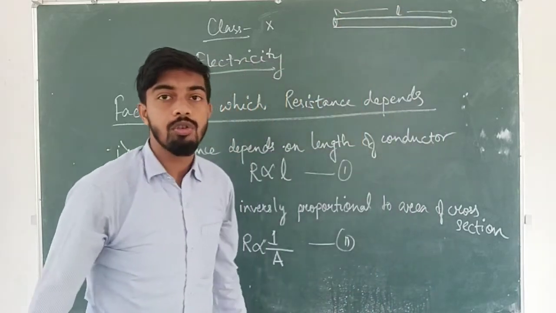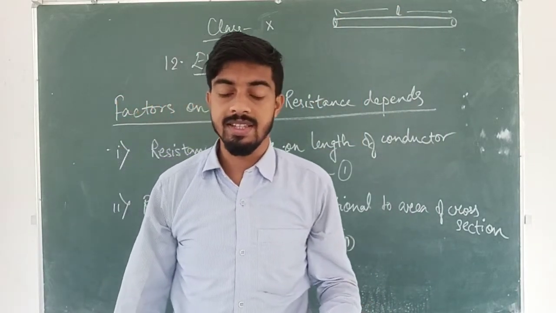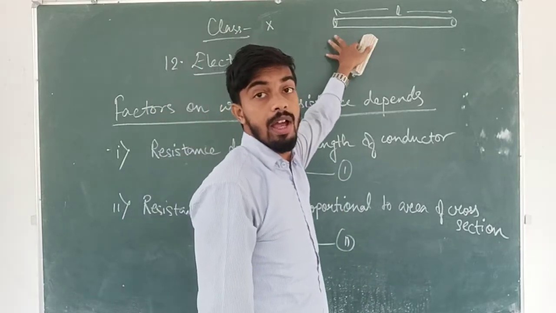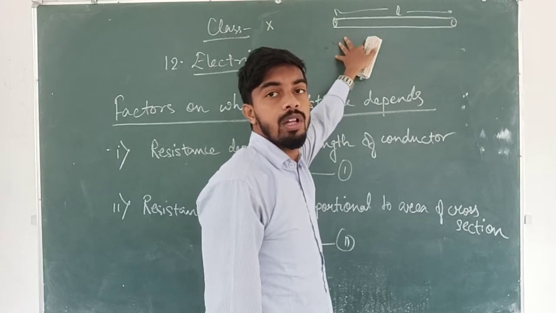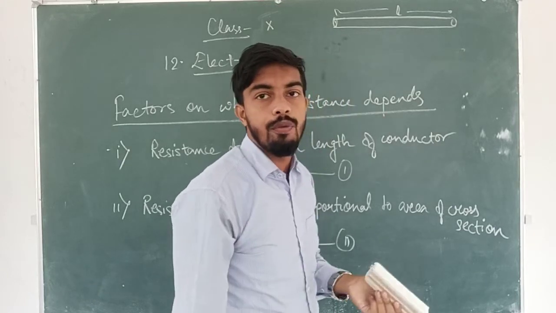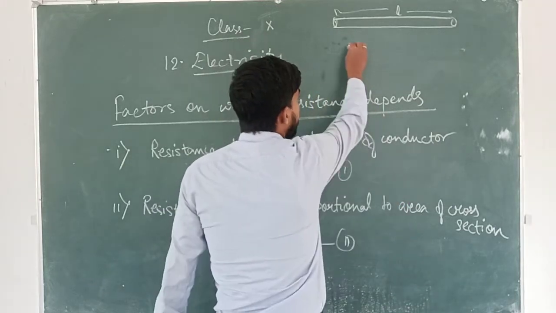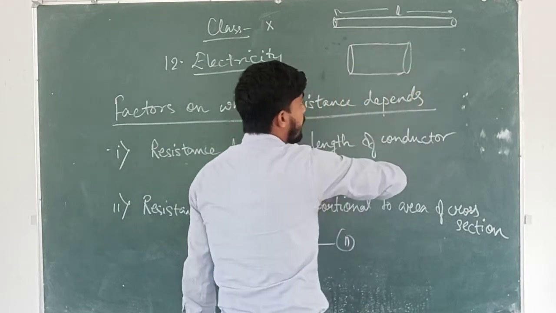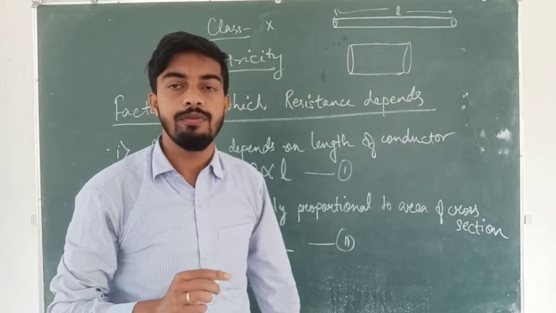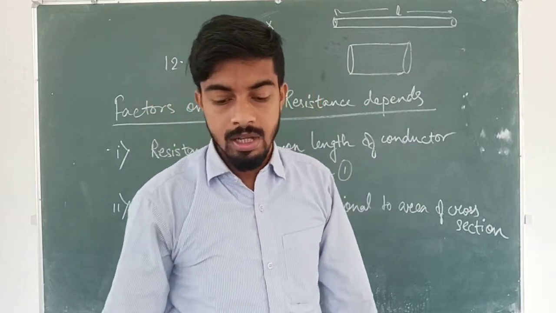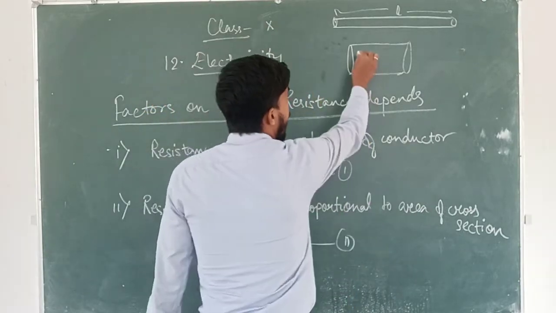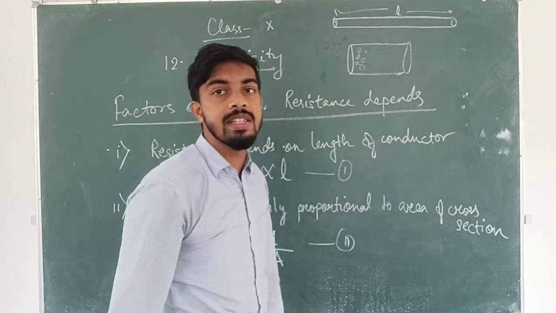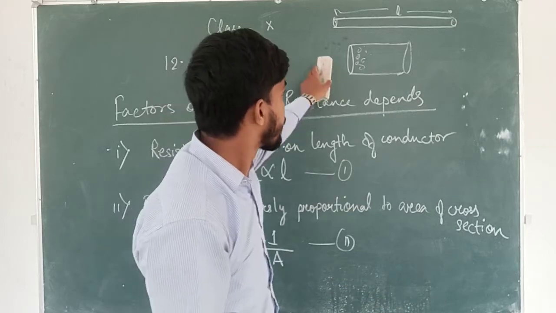The longer the conductor, the more resistance there will be, because the electrons have to pass through more atoms of the conductor, which try to resist the flow of current. And if the conductor is very thick, then it will be easy for the electrons, for the current, to flow through it, as there will be more area inside the conductor.